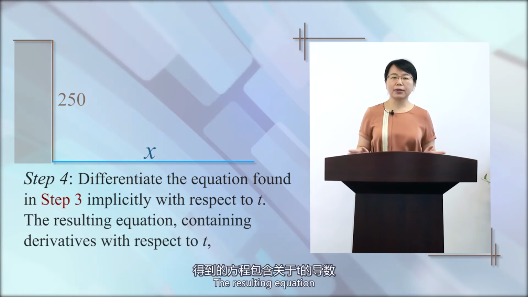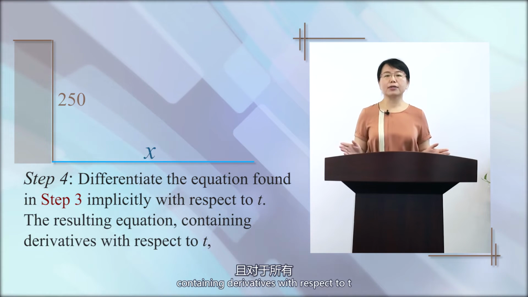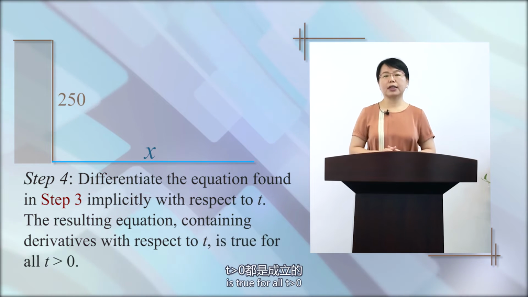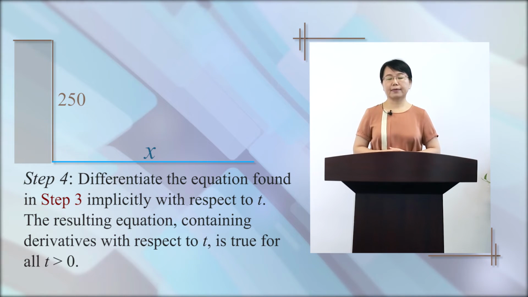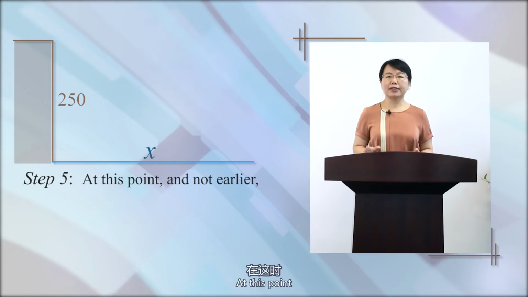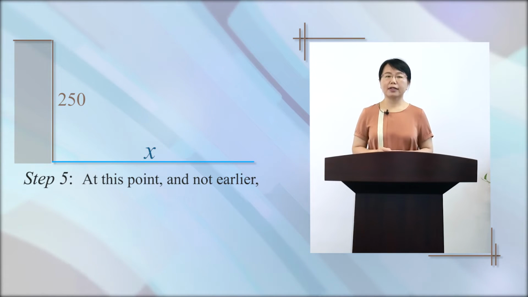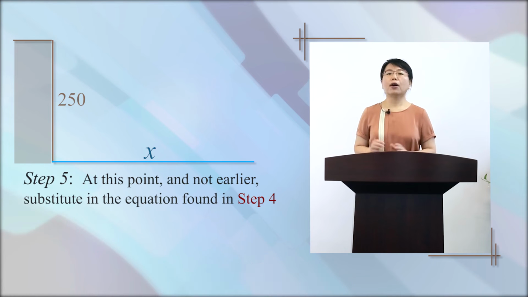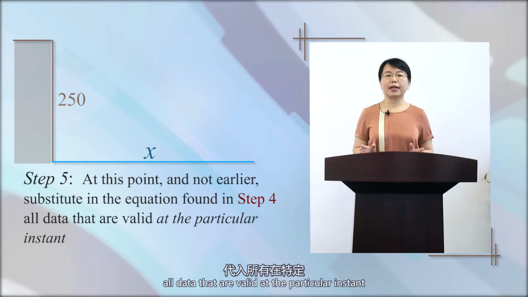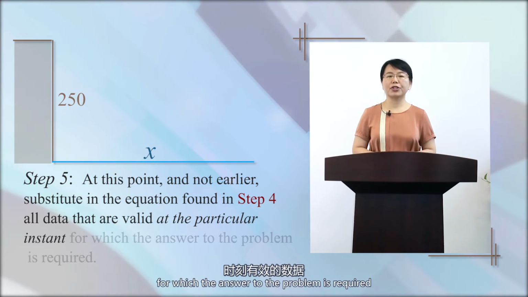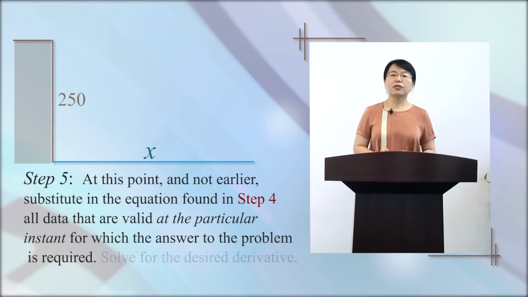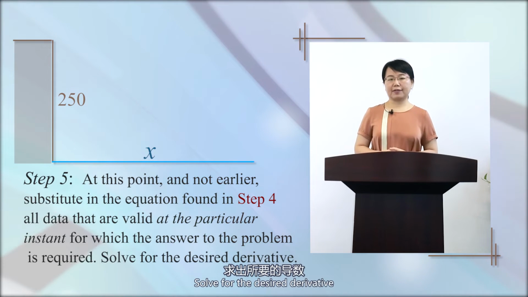The resulting equation containing derivatives with respect to t is true for all t positive. Step 5. At this point, and not earlier, substitute in the equation found in step 4 all data that are valid at the particular instant for which the answer to the problem is required. Solve for the desired derivative.